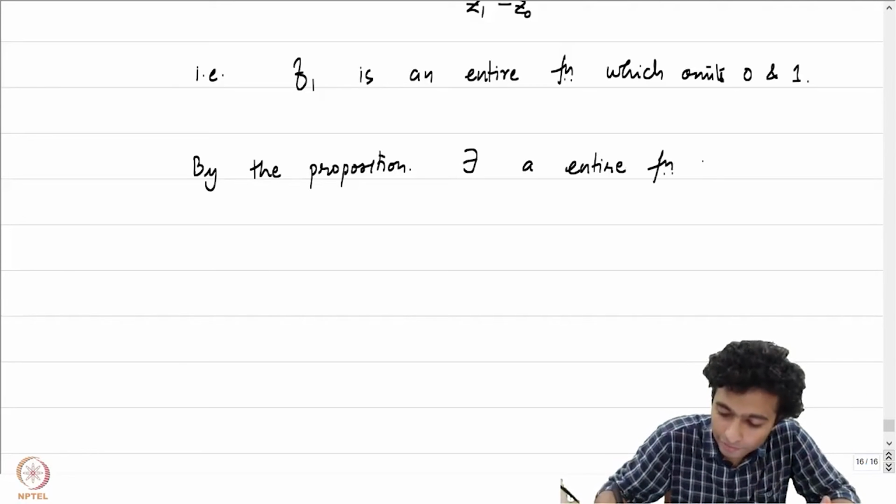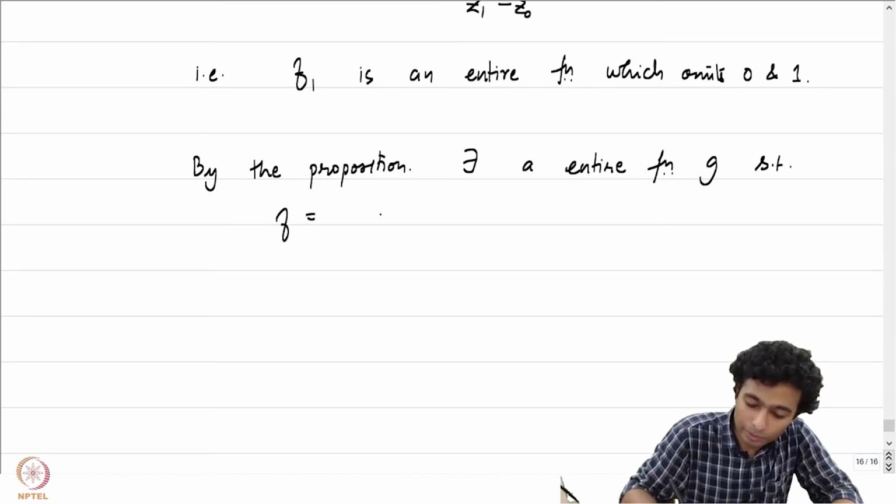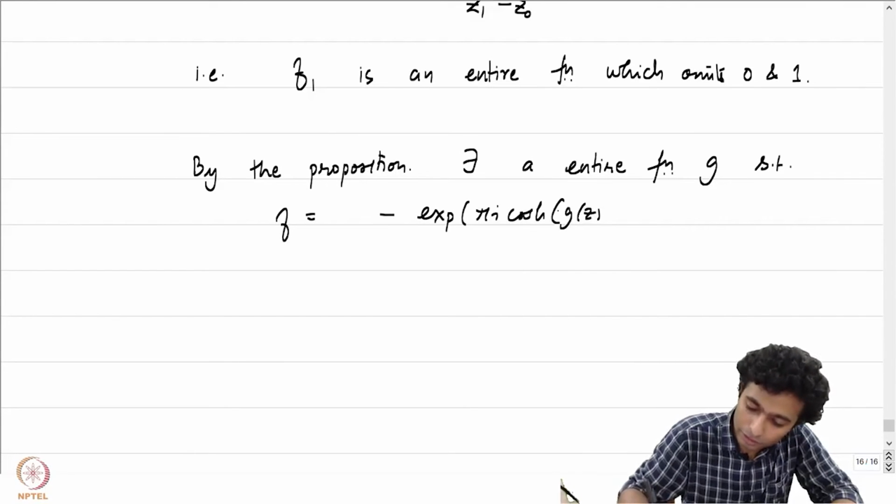So, there is an entire function g such that f is equal to minus of the exp of pi i times cosh 2g of z.